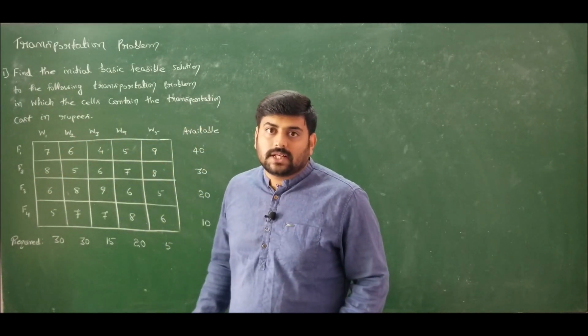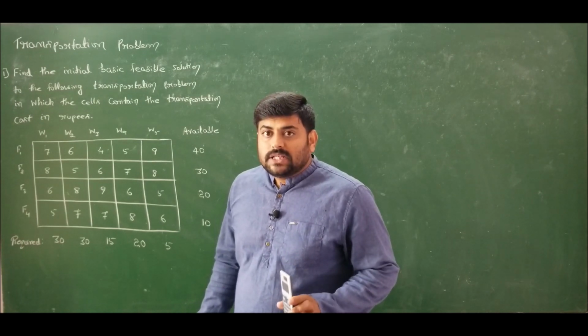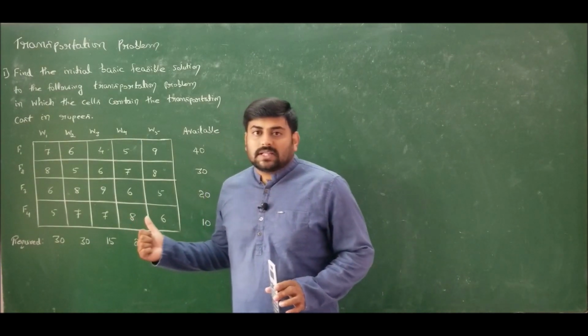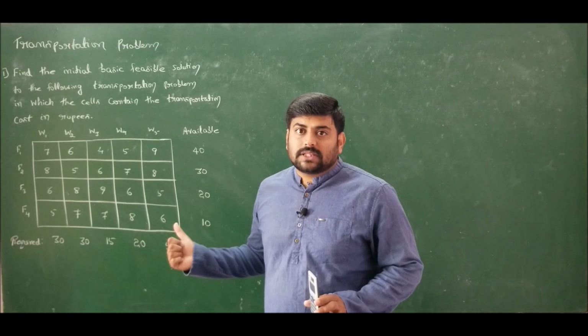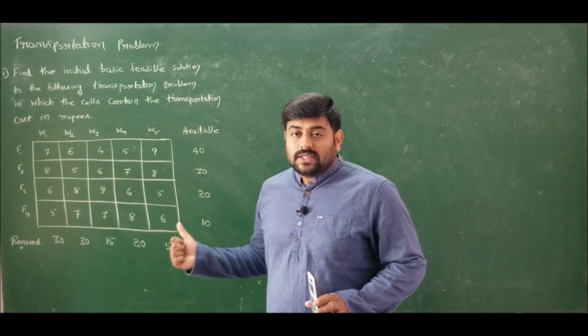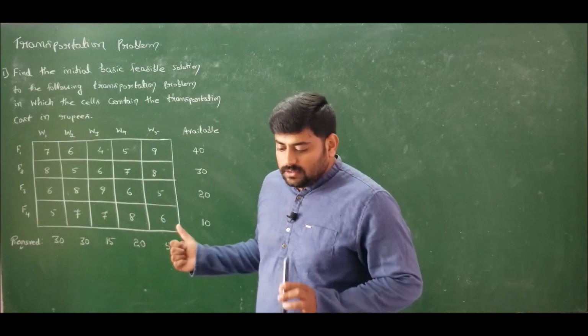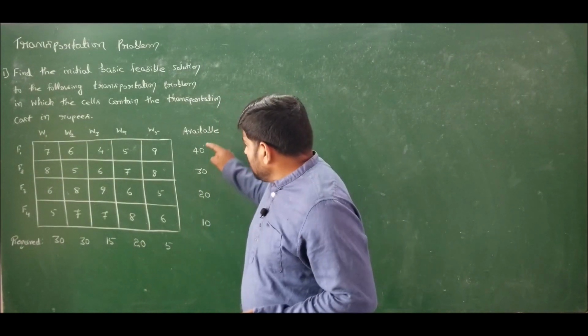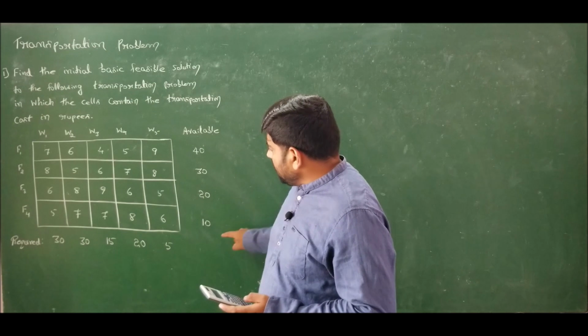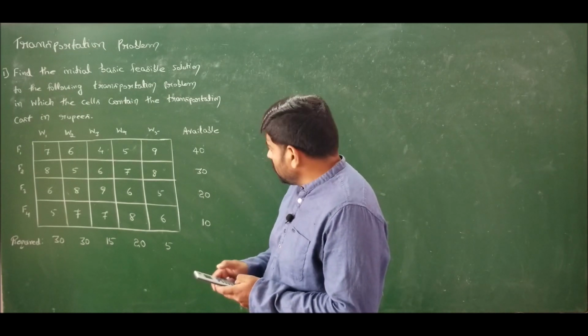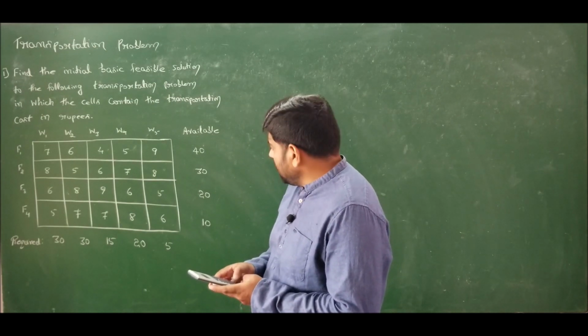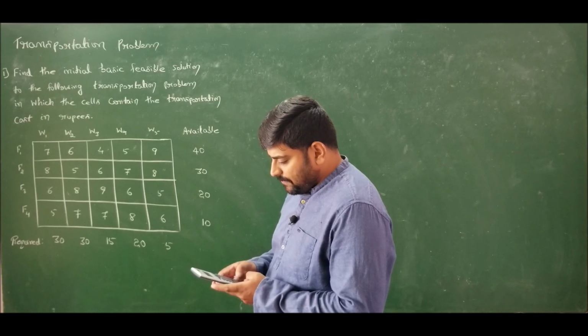No need to worry about that, leave it. The first step is to verify whether it is a balanced transportation problem or not. A balanced transportation problem is one in which the sum of demand should be equal to the sum of supply, right? How much is the supply or availability? So availability is turning out to be 40 plus 30 plus 20 plus 10, which is 100.